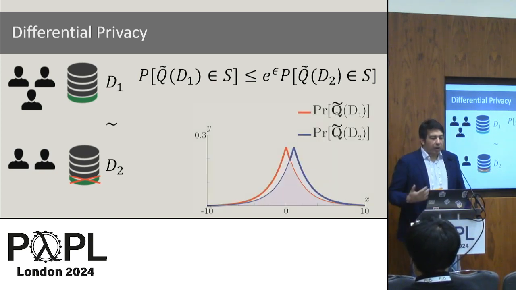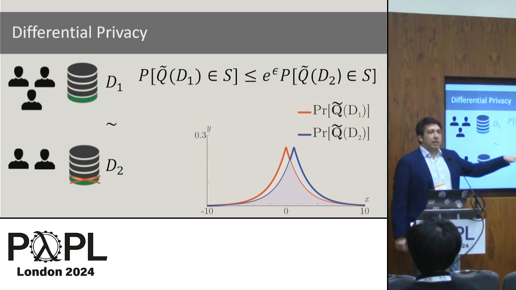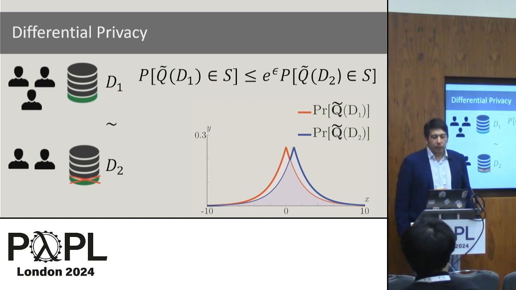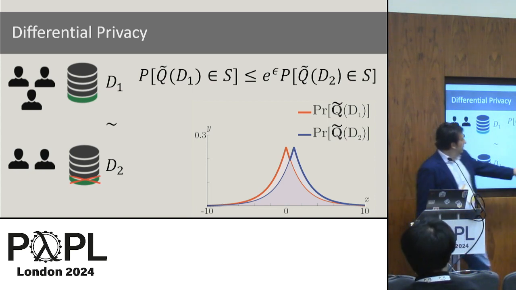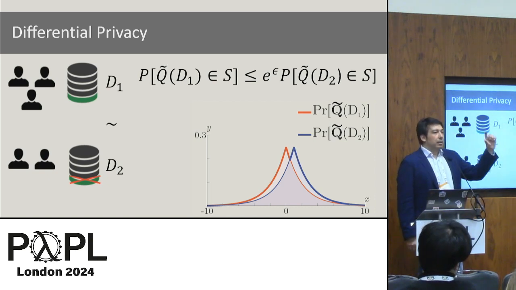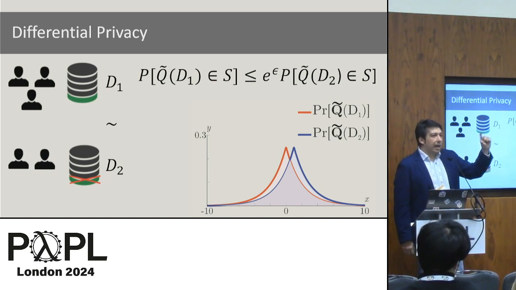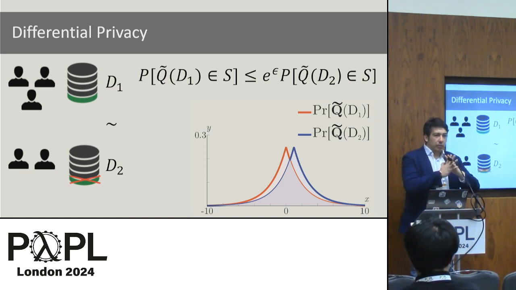Let me show you more graphically here. You have Q tilde applied to D1, which is now a distribution. Q tilde applied to D2 is another distribution. And you can see here that the probability of observing 0 in D1 or in D2 is not the same, but there is a gap there. That gap is regulated by epsilon, which is called the privacy parameter. The smaller the epsilon, the closer the distributions get.